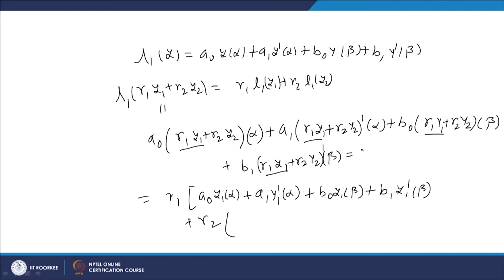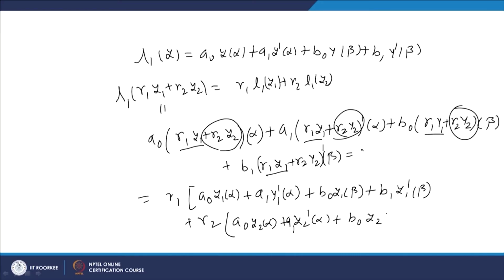Look at the last term: here we have a0 y2(alpha) plus, look at this term, y2'(alpha) into a1, plus this term, b0 y2(beta), plus this term, b1 y2'(beta).